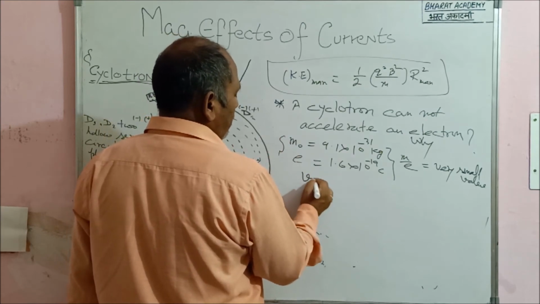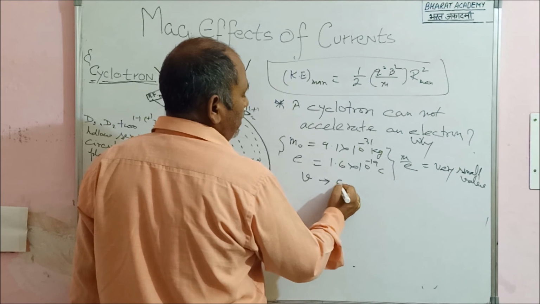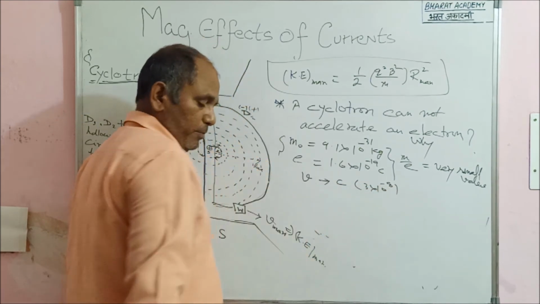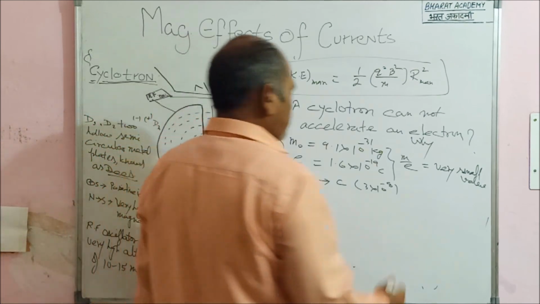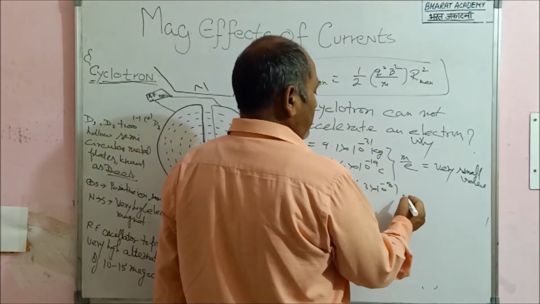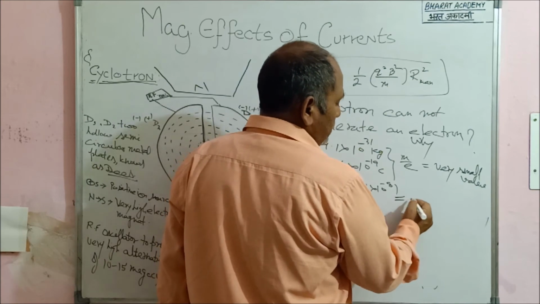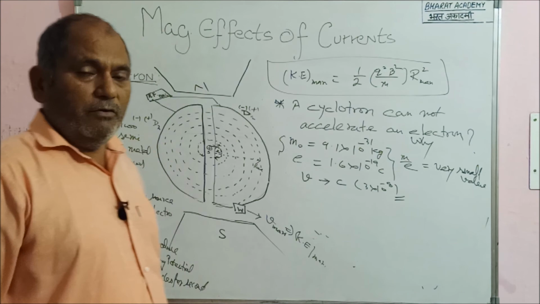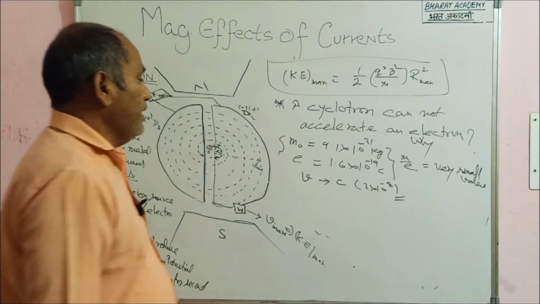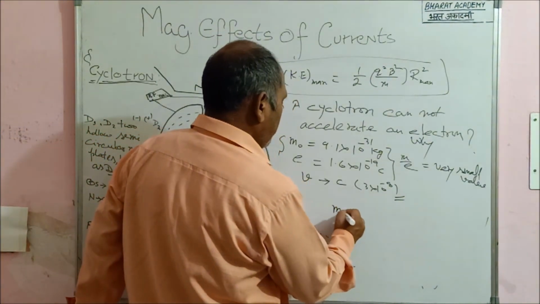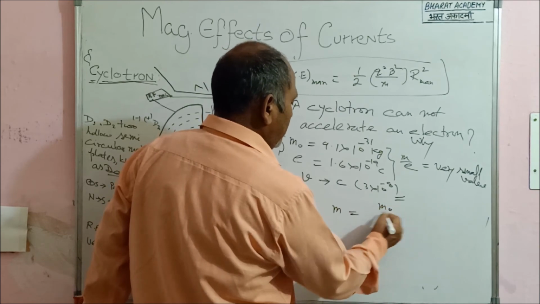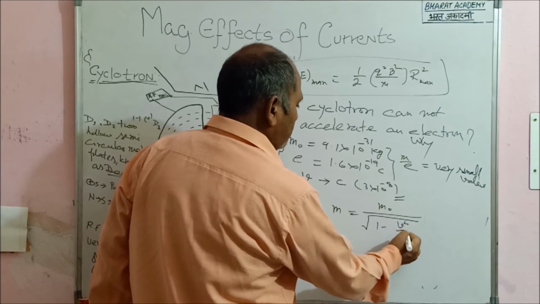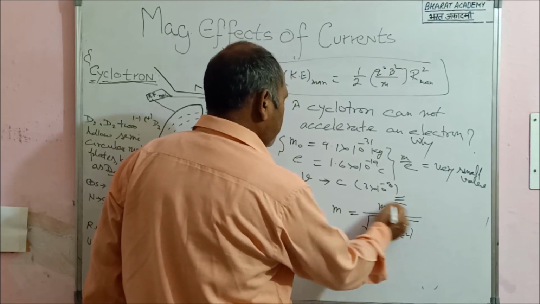An electron can acquire a velocity of the range of the velocity of light. In cathode ray properties, if you have read, an electron can acquire a velocity of the range of the velocity of light. Then comes Einstein's theory, which says that if a particle can acquire a velocity of the range of the velocity of light, its mass will vary according to this formula: m0 under root 1 minus v square by c square. If you do remember this one.